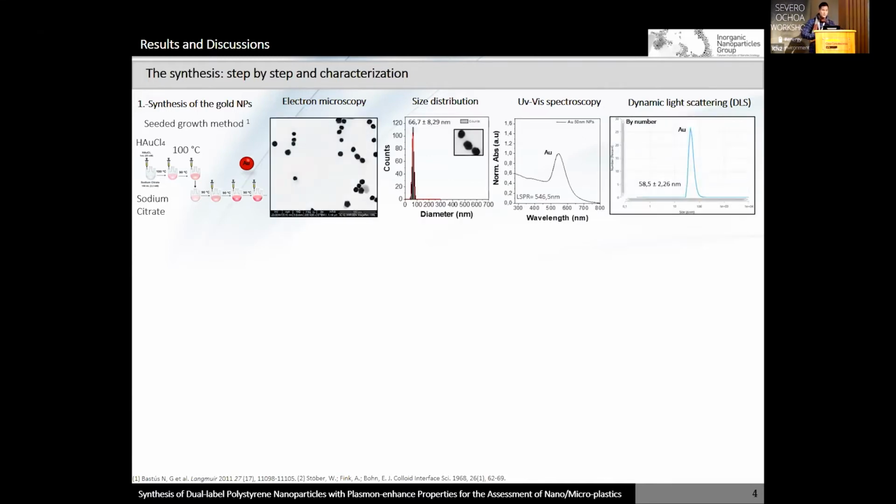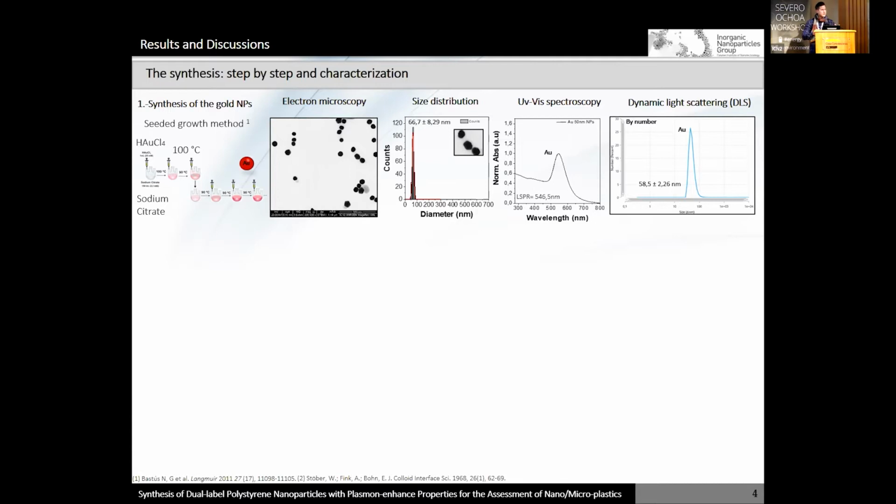And with this, we achieve a very monodisperse particle, around 66 nanometers in size by microscopy characterization. And the UV spectra shows the localized surface plasmon resonance around 540 nanometers. And also the hydrodynamic size was correlated with the electron microscopy.